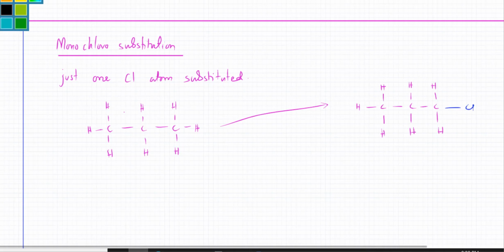And the other one was two chloropropane, the same thing, and this time all the other H atoms are there. Let's draw the H atoms.